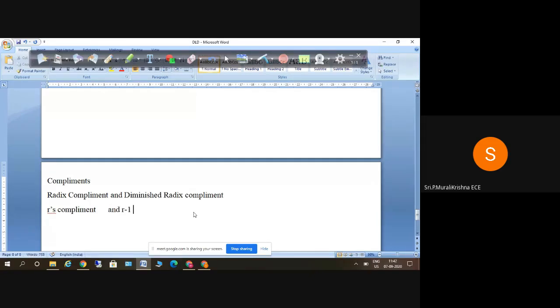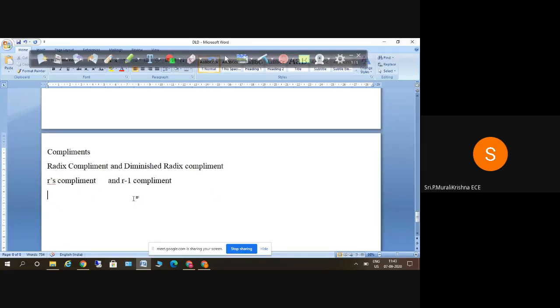The procedure we'll do here is we can easily find this R minus 1 complement first, the diminished complement, and add 1 to the R minus 1 complement, through which we'll get R's complement.